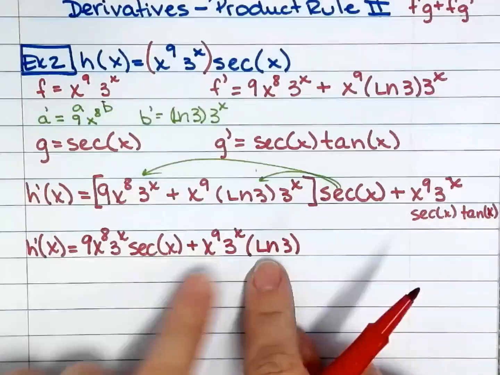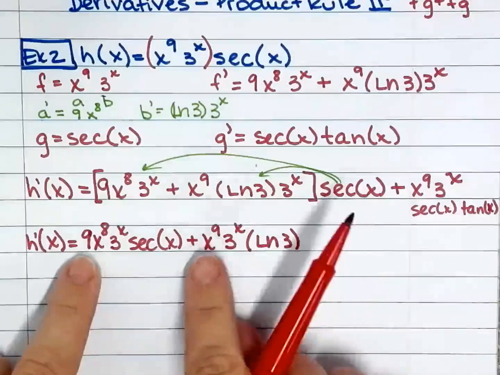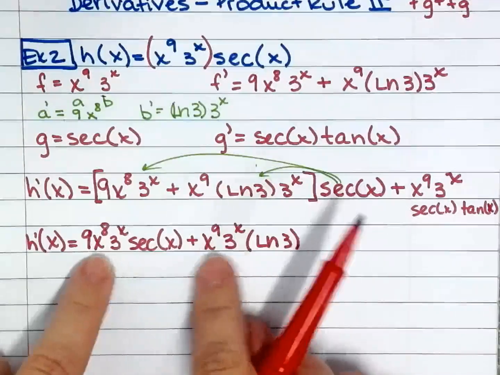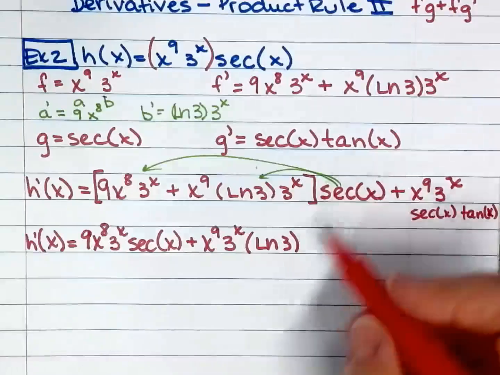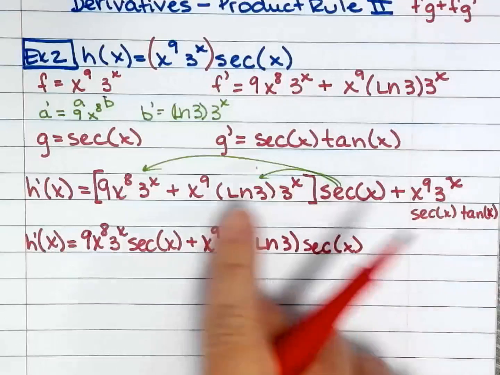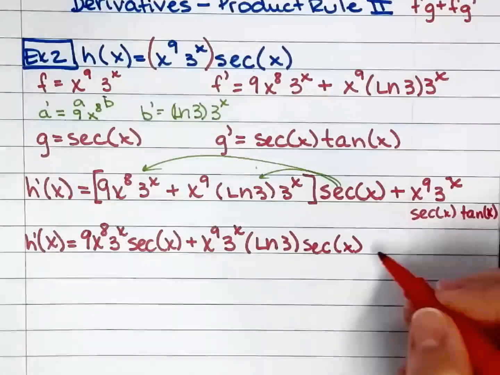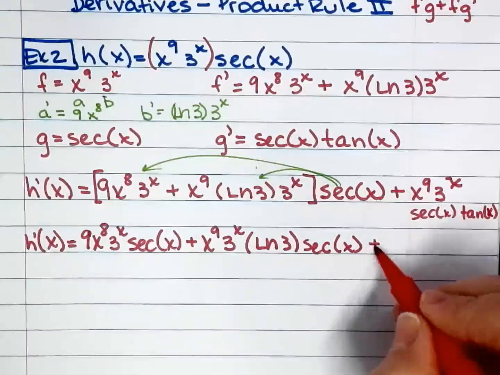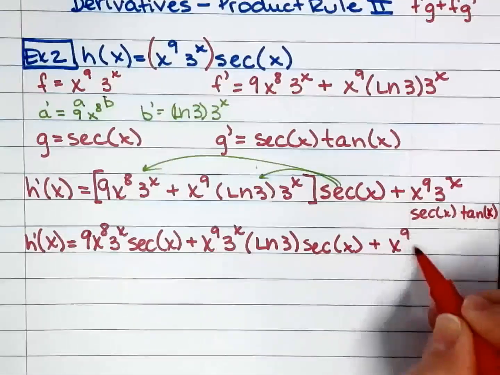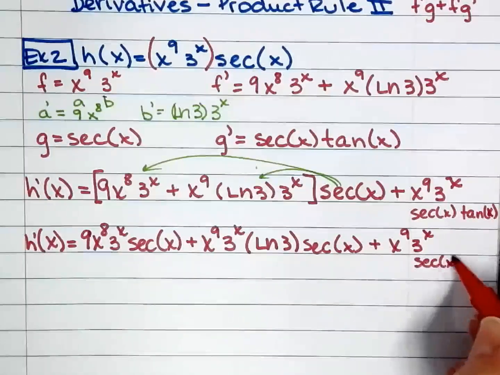Why did I do that? Well, I know I'm going to end up having to factor it out, so I'm going to try to have them at least kind of close together just to look better, but it's not wrong because of the commutative property. You can just write them all in any order. So I distributed right there. So plus x to the 9th power, 3 to the x, and then secant x tangent x.